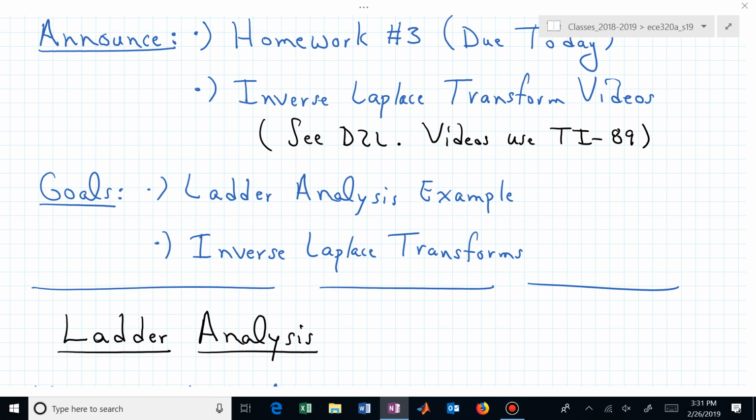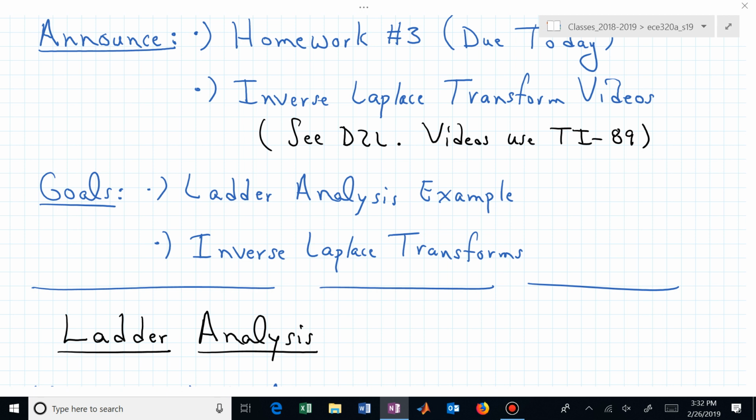Actually, I'm going to move through it very quickly today, but I would encourage you to go home and try to reproduce what I talked about today. You'll have it in the notes and the video to check your work, and ladder analysis actually allows you a way to check your work as you're solving the problem.